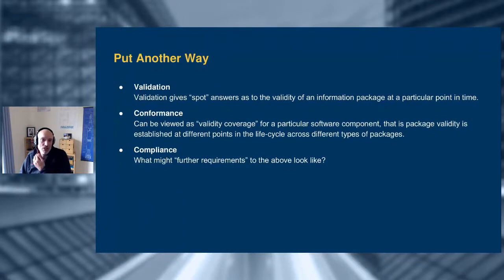So first, to put these terms another way, validation gives a spot answer as to the validity of an information package at a particular point in time. Conformance can actually be viewed as validity coverage for a particular software component. And the greater the coverage, the greater your confidence in the conformance. And compliance, well, what might the further requirements look like?